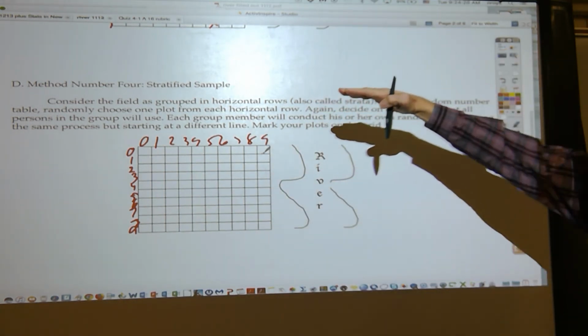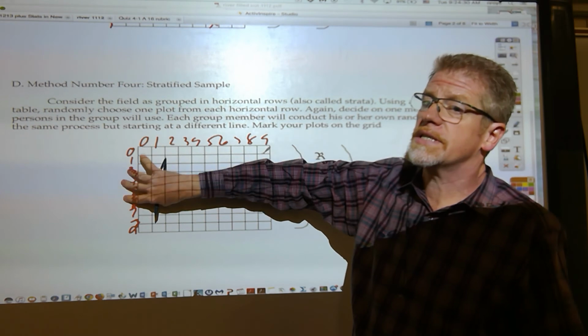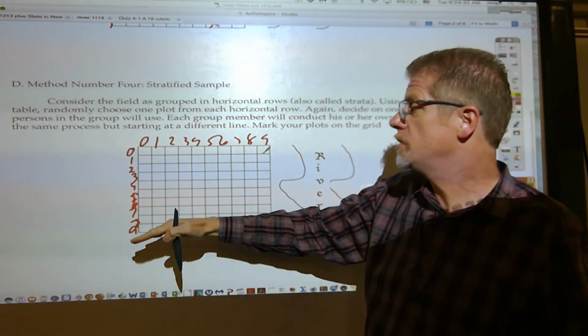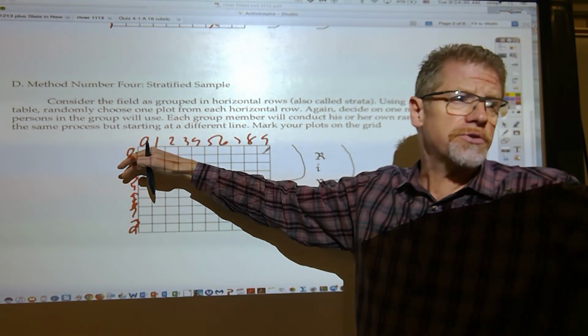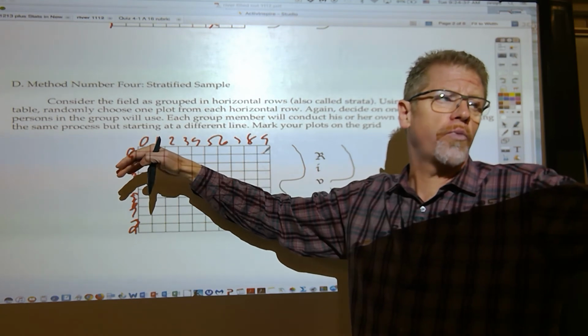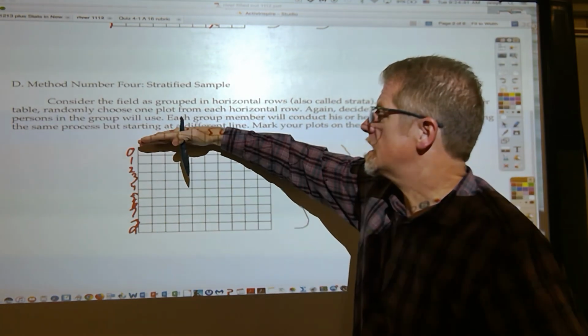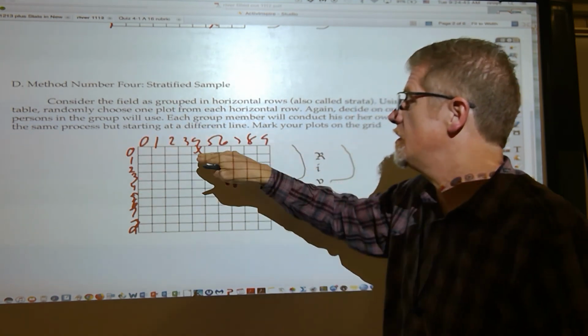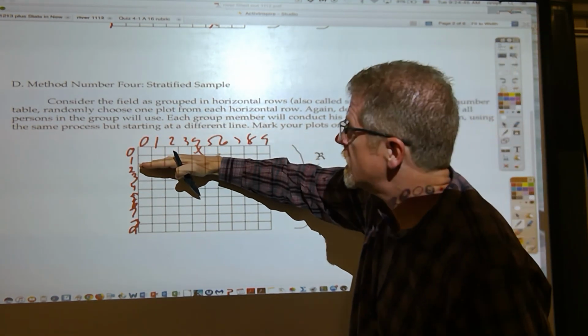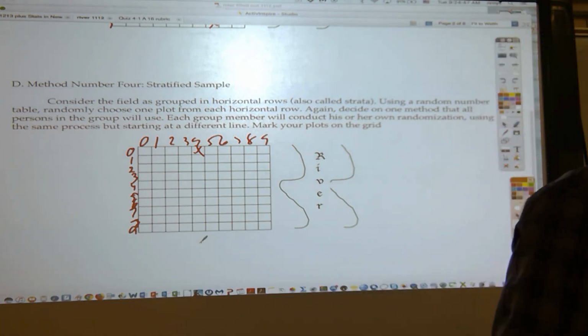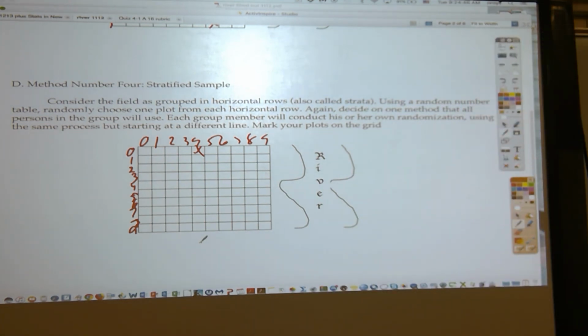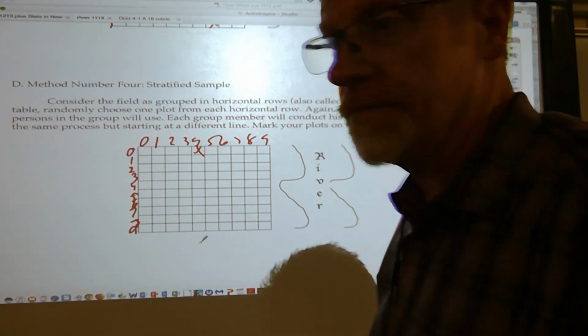Okay, but this time, you'll have to press enter only 10 more times. Let's do it again. Noah, when you press enter, what's the first you got? I had 4 in the first. Okay, so that means on the top row, you put an X in the 4 column, and then move down to the next row, pick 1 X for every row, and that'll be your sample for that one.